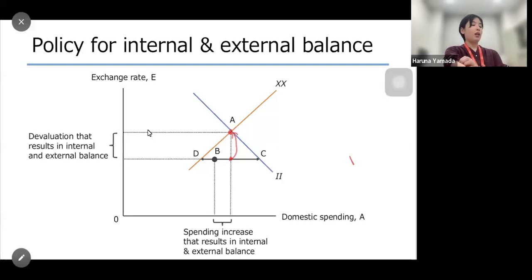Then policymakers can keep the economy at the desired level, point A. So point A is the external and the internal equilibrium. Policymakers can control domestic spending A and exchange rate to keep the equilibrium at the desired level. So this is an example of a policy for keeping the internal and the external balance.